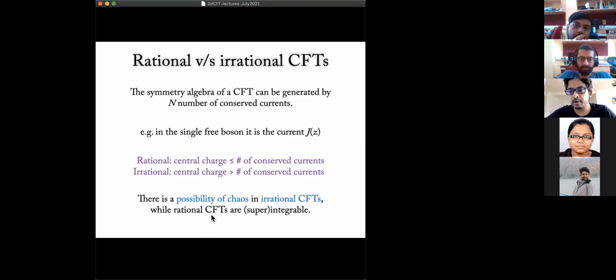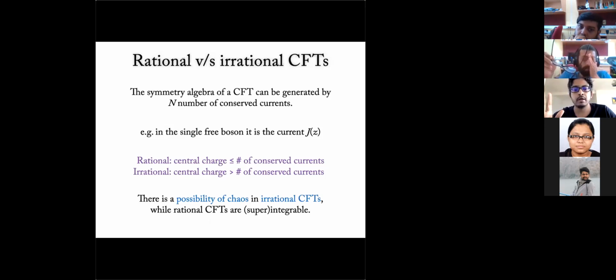Now let me comment a bit on rational versus irrational CFTs. There was a question about this earlier. The symmetry algebra of a CFT can be generated by a number of conserved currents. Usually, if you have the Virasoro algebra as your symmetry algebra, there is just one conserved current, which is that of the stress tensor.